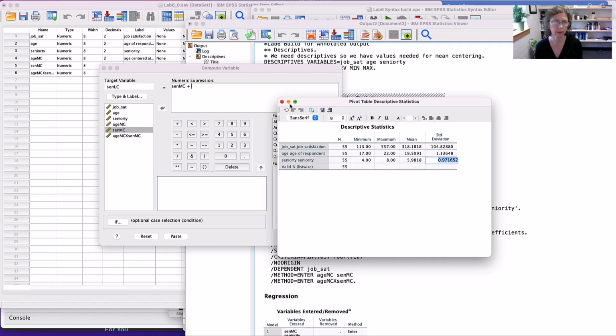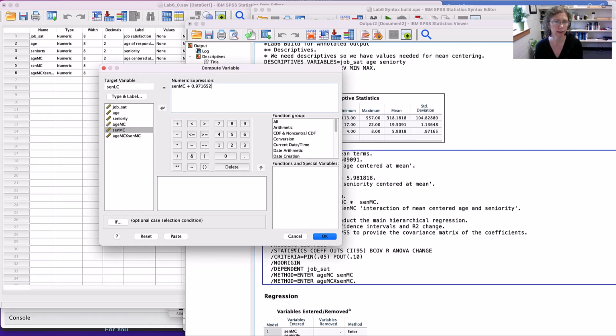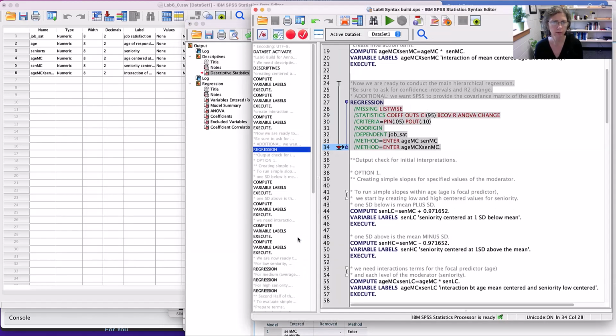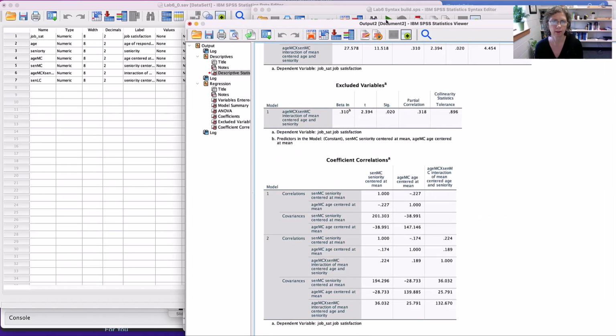Copying that and putting it right there. So paste and run it from syntax. And now we have seniority low centered right there.